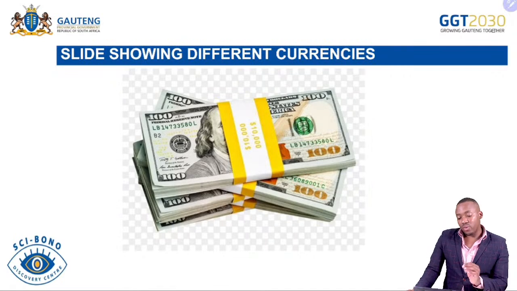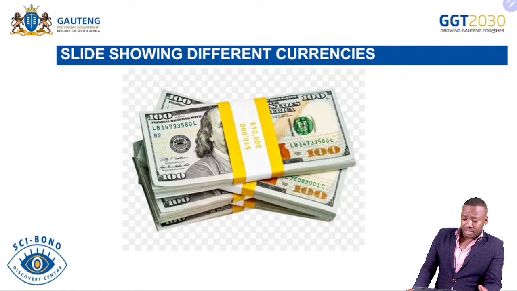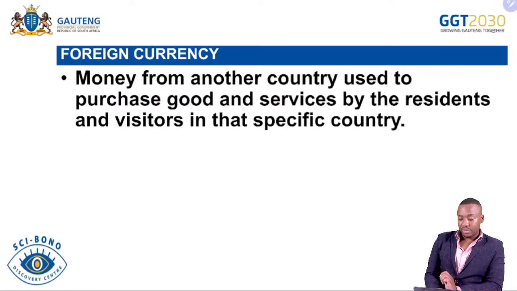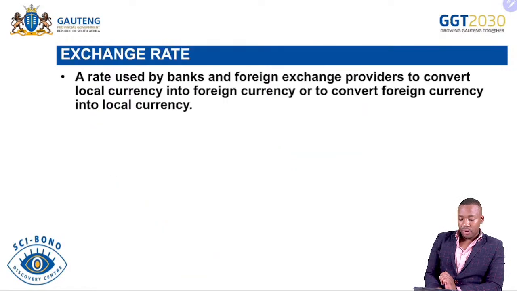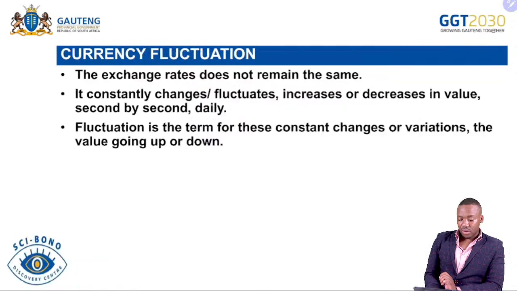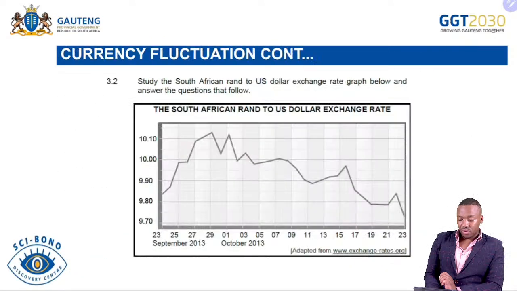Then we move, and we are saying we've got different currencies. For example, there on the screen you can see we have the United States dollars, right? Then we have the term known as local currency. Let me just show you a picture of local currency.